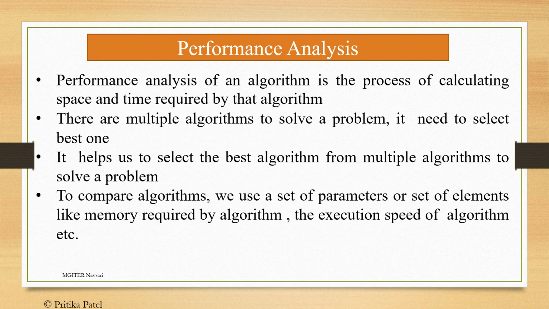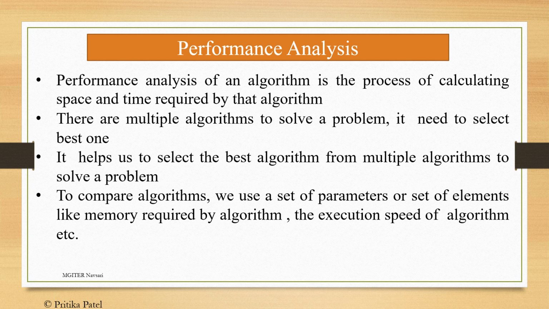Now next is performance analysis. The process of calculating the space and time required by an algorithm is called performance analysis. In computer engineering, there are multiple algorithms to solve a problem. When we have more than one algorithm to solve a problem, we need to select the best one.